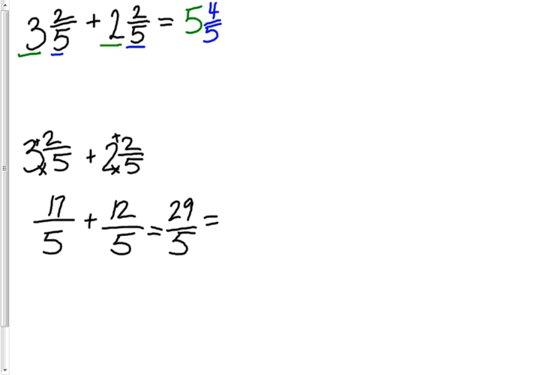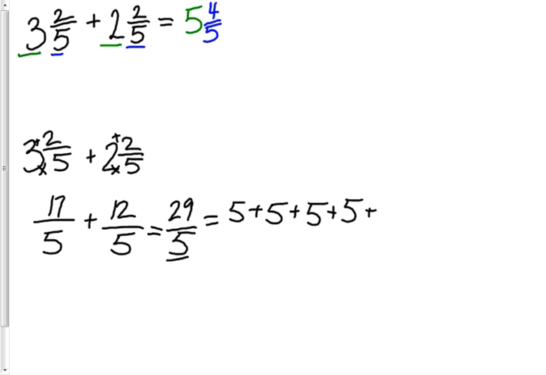And I can turn this into a mixed number by seeing and counting by multiples of 5. So 5, 10, 15, 20, 25, 30 would be my next 5. But that's too high.